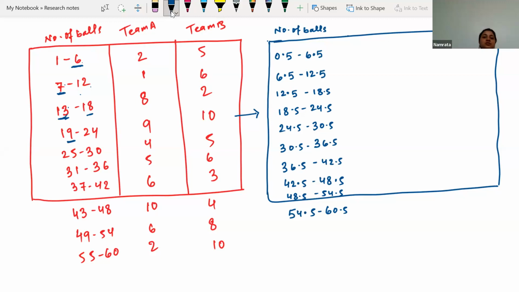This way, you are not changing the size, the width of the interval. If you just keep on adding in the upper limit, you are changing the width of each and every interval. So yes, we have to make the changes in such a way that the width of each and every class interval does not change. Okay, ma'am.